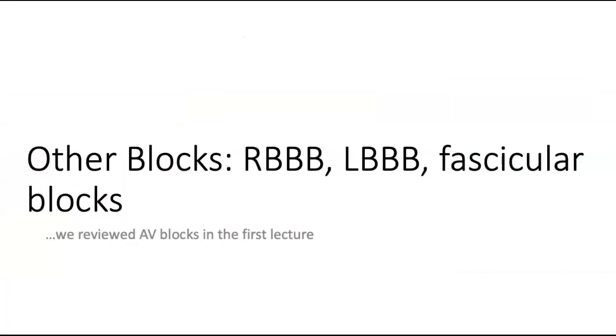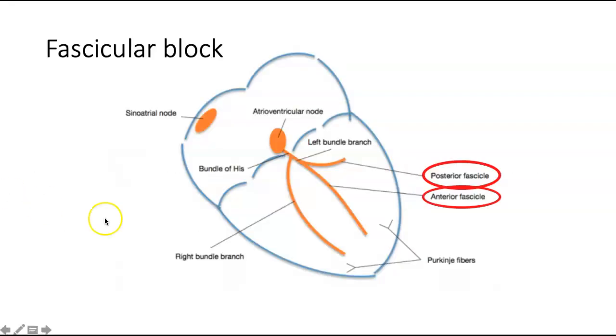So briefly, I'm now going to cover some other blocks: right bundle branch blocks, left bundle branch blocks, and fascicular blocks. We reviewed AV blocks in the first lecture, first, second, and third degree AV blocks. I want to remind you briefly of where the fascicles are in the conduction fibers of the heart.